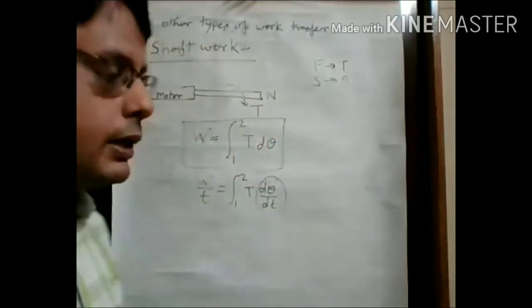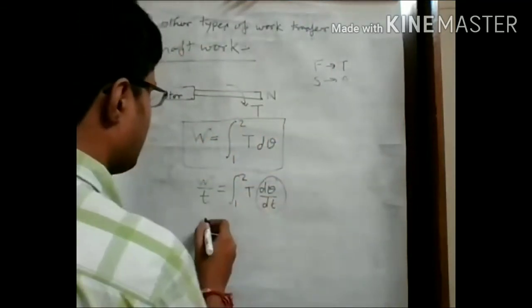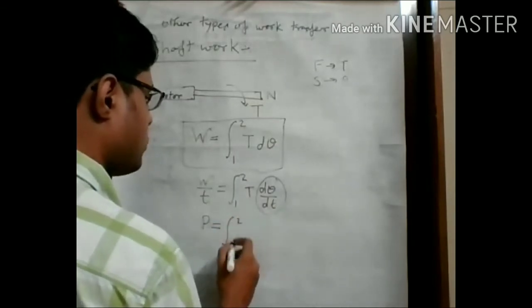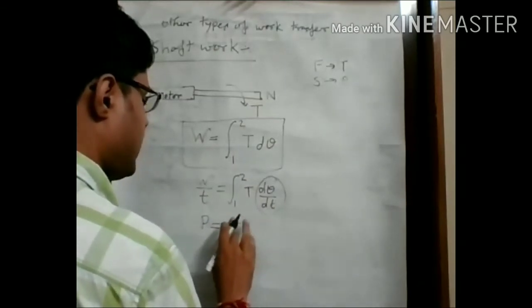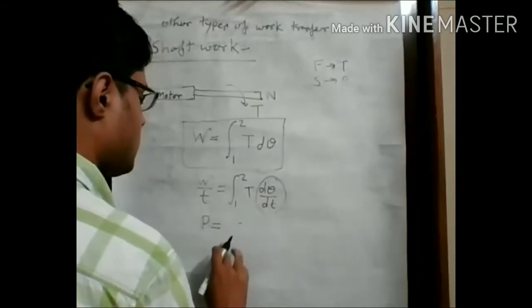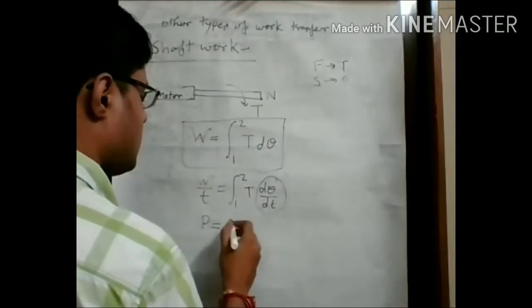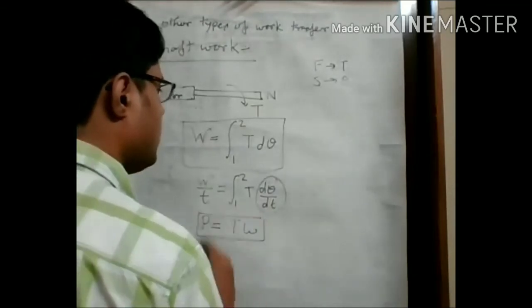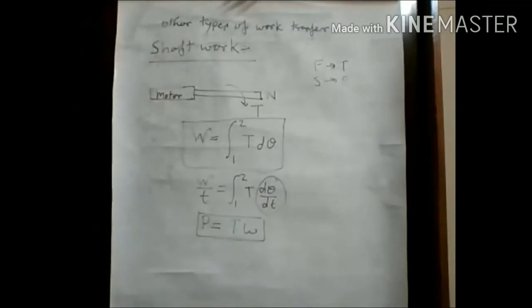So the same thing is happening in this case, that is converted into P equals the integration from 1 to 2, and then you can simply write this expression T omega. So this is the expression for power as well as work done. Next term is spindle work or steering work.